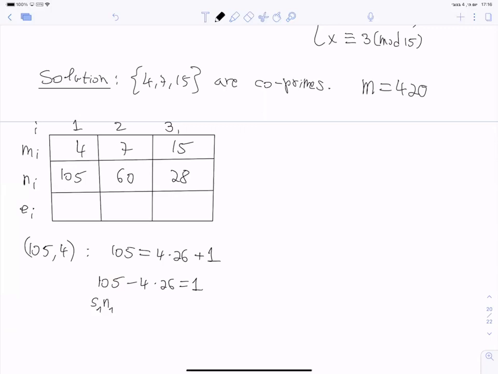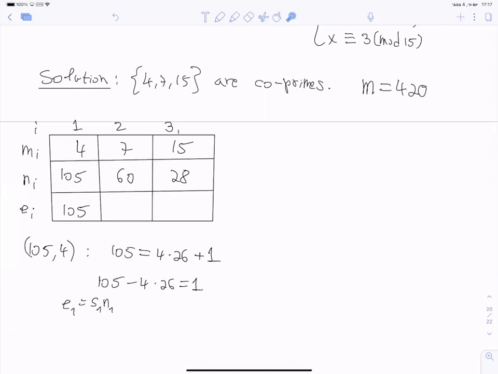Okay, this is E1. Let us check it. 105 modulo 4 is 1.